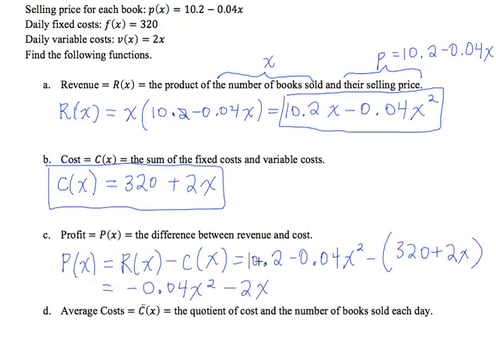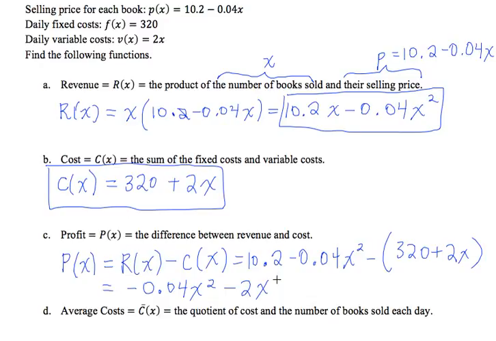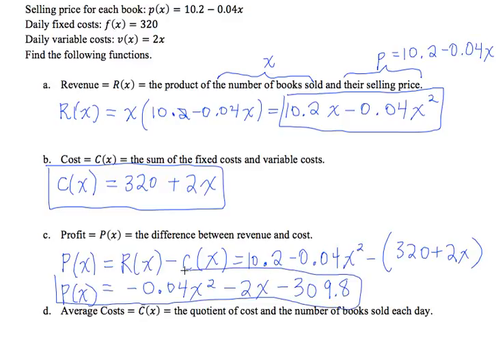So 10.2x minus 2x, that one I would do on a calculator. 10.2 minus 2 is 8.2, so we have 8.2x, and negative 320. There, that would be our profit function. Profit in terms of the number of books manufactured and sold every day.